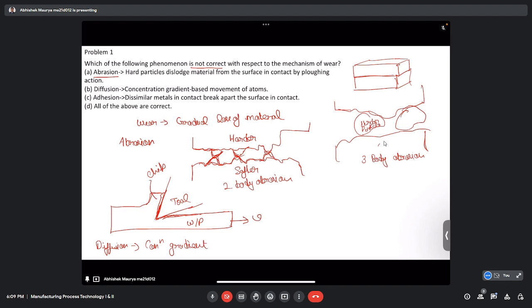For example, suppose we have a cutting tool made up of high speed steel, or some steel which has high carbon, and the workpiece is also some material which has carbon, but suppose that it is mild steel.